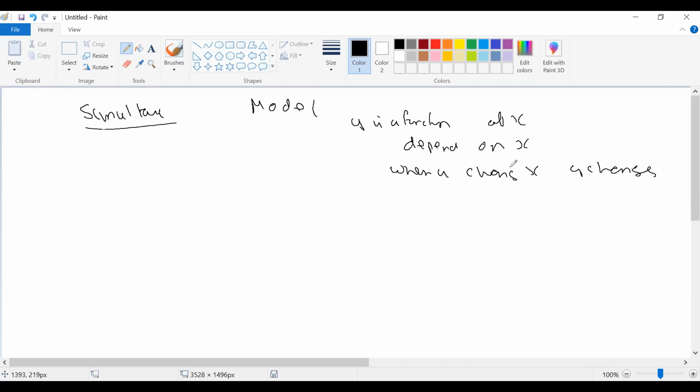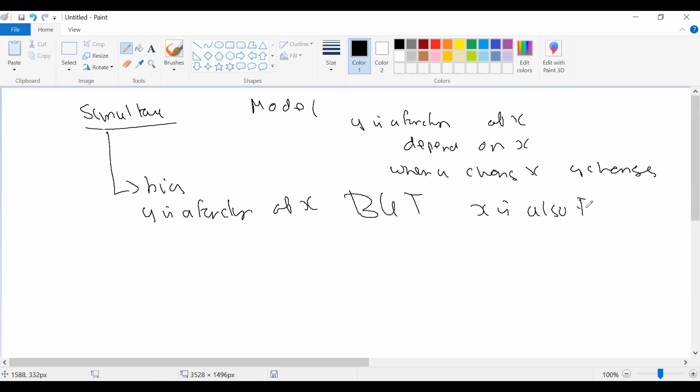Okay. In simultaneity bias, y is a function of x, which is okay, no problem. Y is a function of x, but x is also a function of y. x y पे डिपेंड कर रहा है और y x पे डिपेंड कर रहा है. अब बताओ क्या होगा? y is a function of x, but x is also function of y.